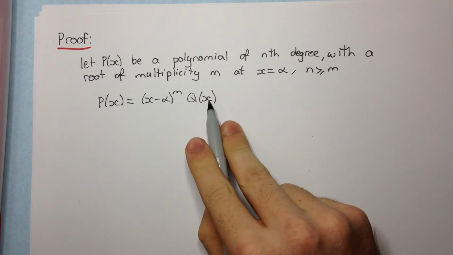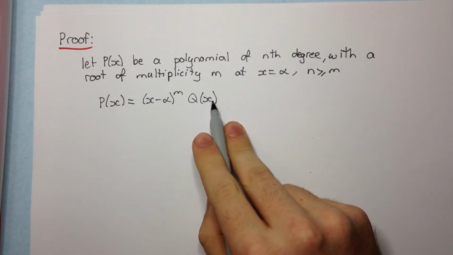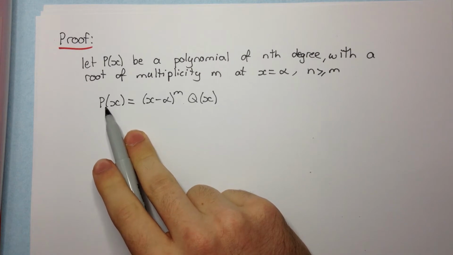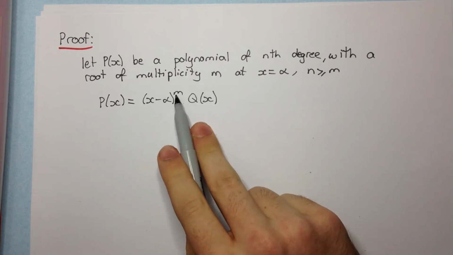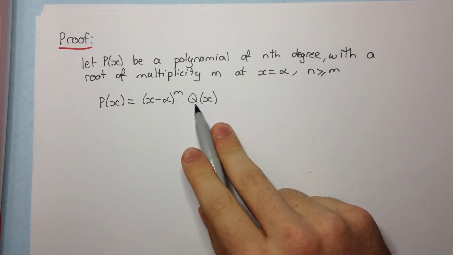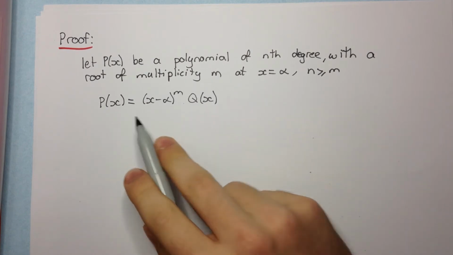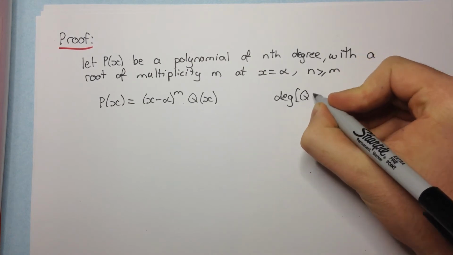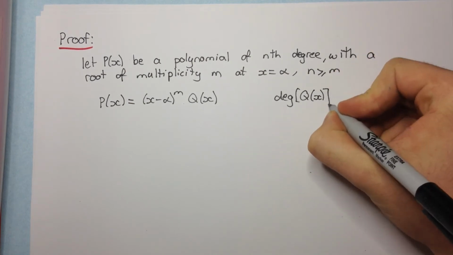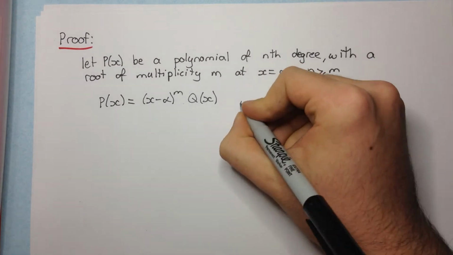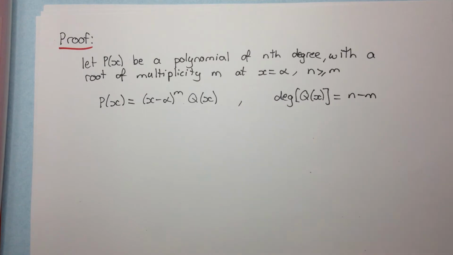And the reason we times by this q of x is so that we can make up the degree to n, because if p of x has a degree n, and this has a degree of m, and remember m is less than n, we need to make up that extra to get to n. So we can say that the degree of q of x is equal to n minus m. But this doesn't really matter.